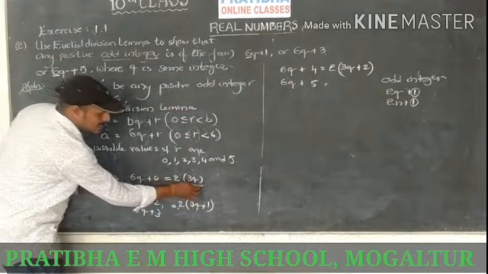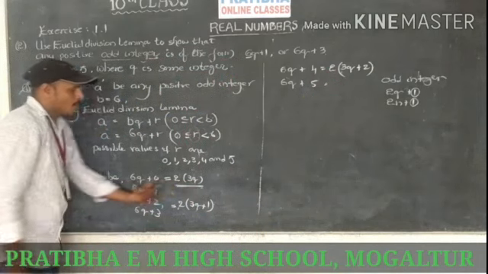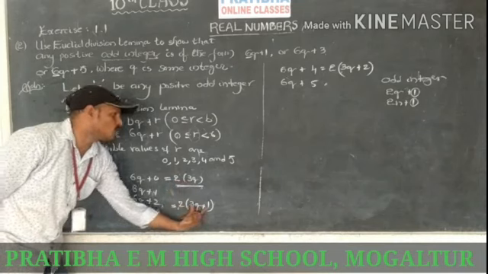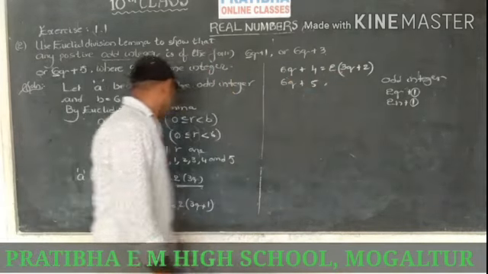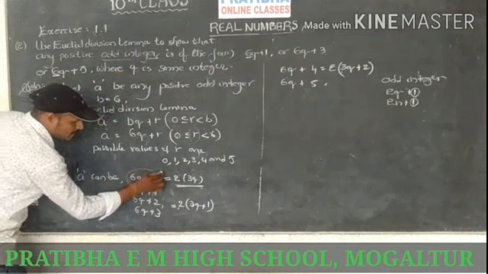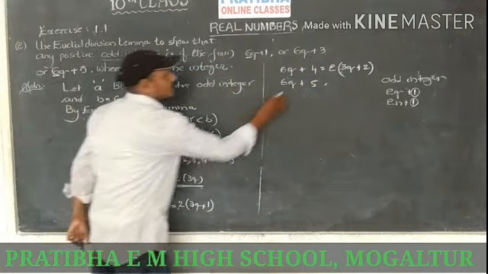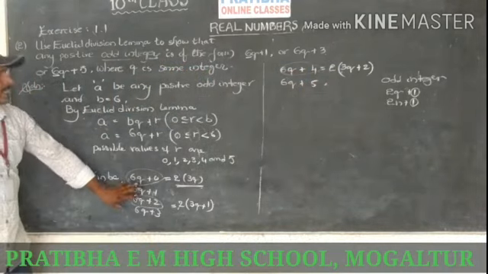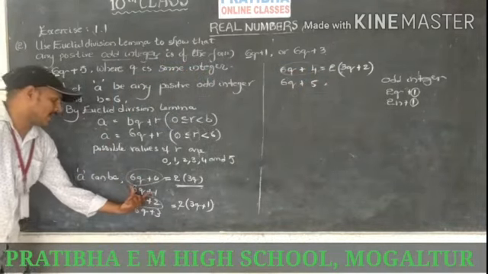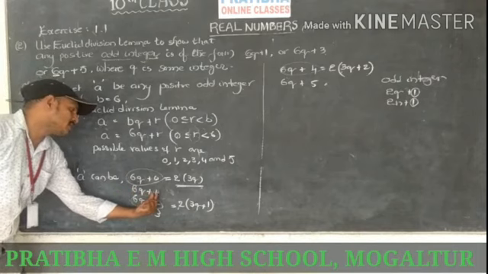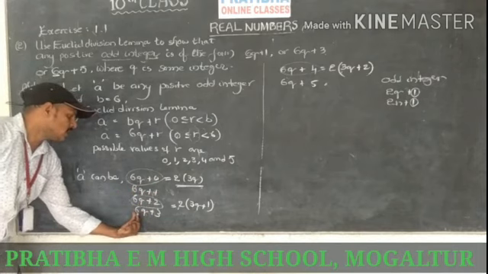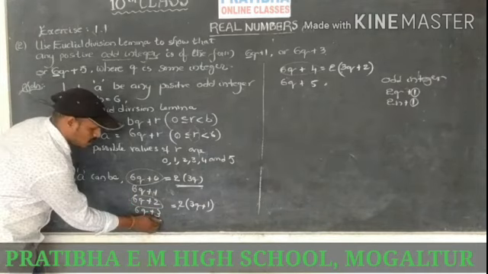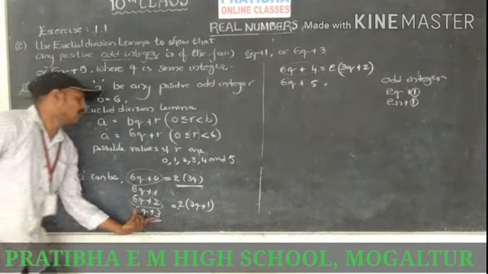Here, this is the form of even. This is also the form of even, that means a multiple of 2. These are the multiples of 2. That's why these three numbers can't be written as odd numbers. So we can write the odd numbers as 6q plus 1, 6q plus 3, and 6q plus 5, which we can't write as a multiple of 2.